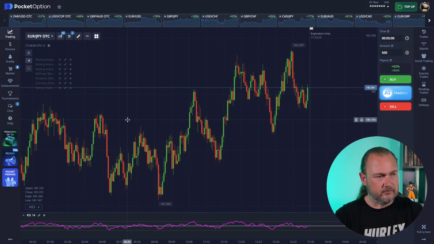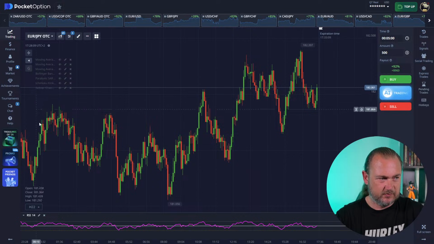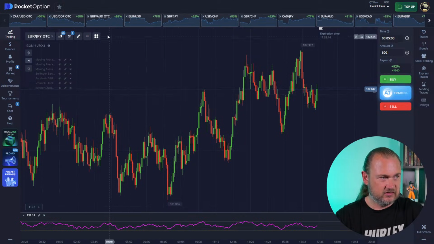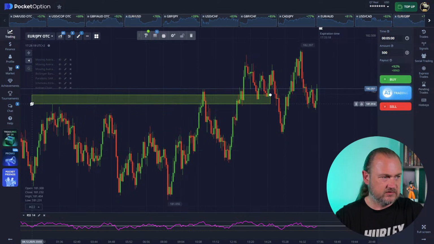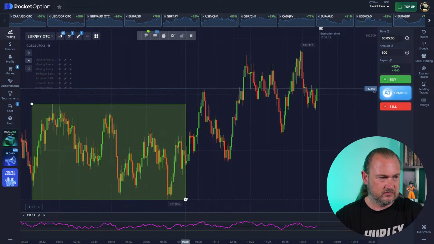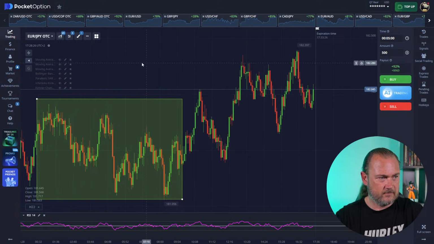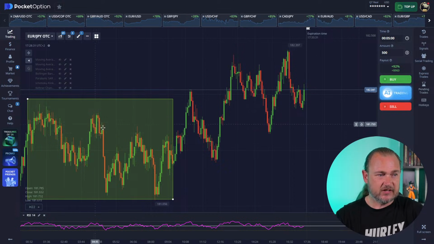So we're going to pretend that this was a downwards trend, because this area here is technically a bearish trend. Let's move it like that. This is technically a bearish trend because price is making lower highs and lower lows. Okay, so we are in a bearish trend.